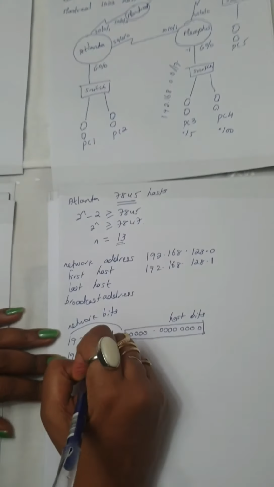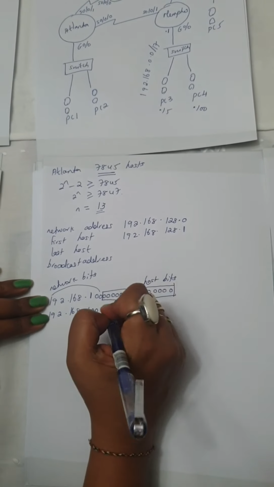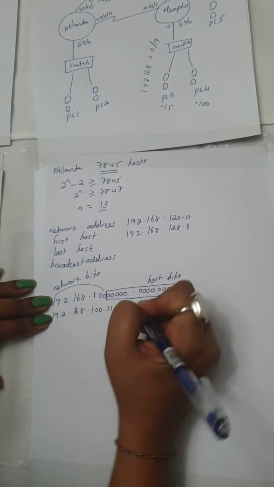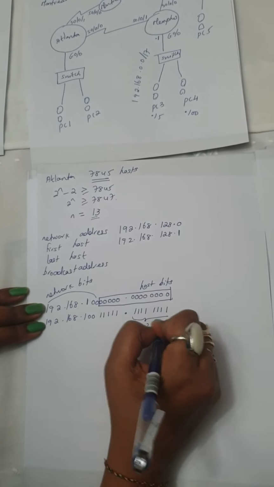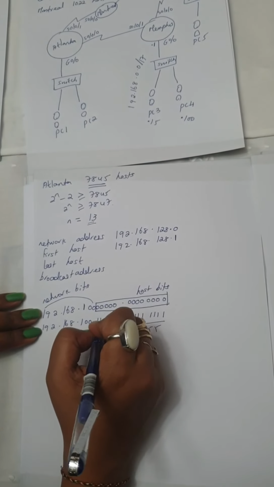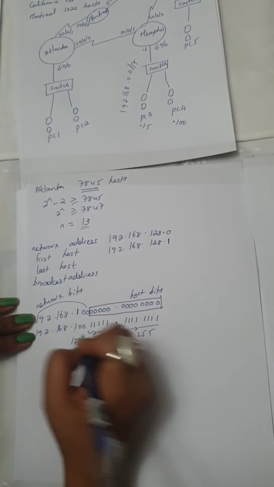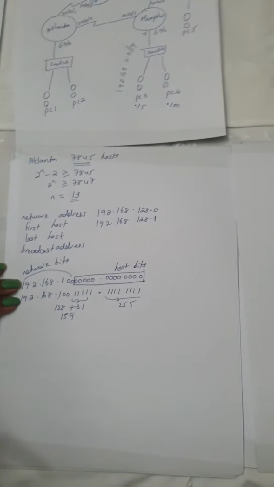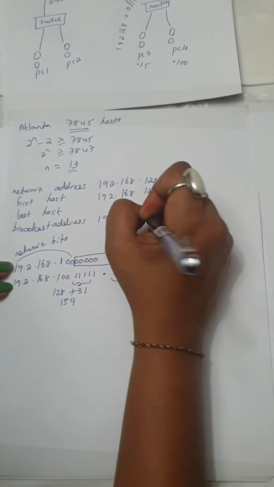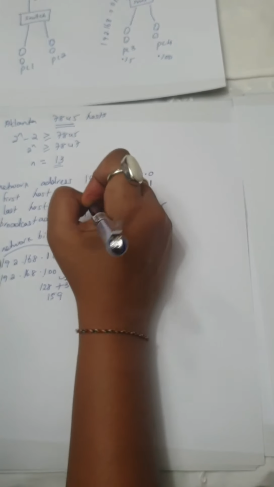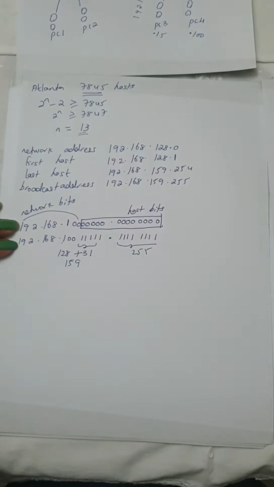For broadcast, the network bits stay as they are and host bits turn to 1. So this we know is 255. This is 31 plus this position, 128, so here it becomes 159. So 192.168.159.255, and 192.168.159.254 for the last host address.